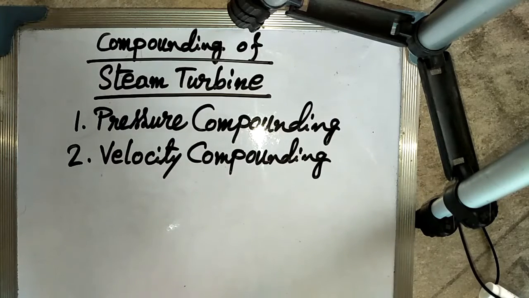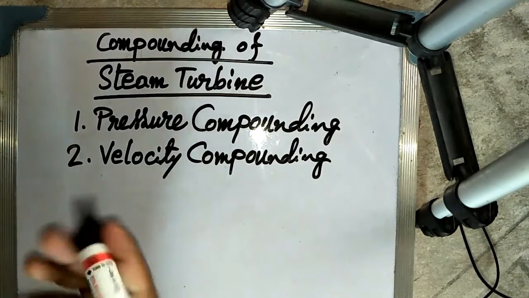Compounding, that is, one row of nozzles followed by one row of blades, is called the staging of a turbine. If the steam is allowed to expand from the boiler conditions down to the condenser vacuum in a single row of nozzles, due to a large enthalpy drop, the velocity at the exit of the nozzles is very large.